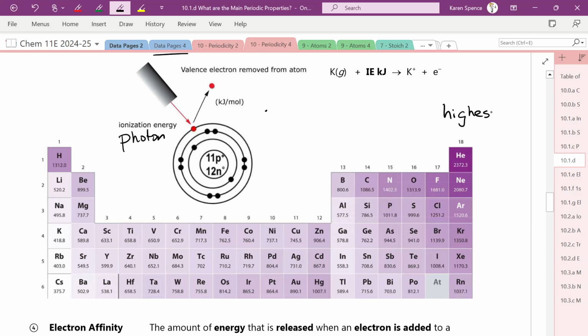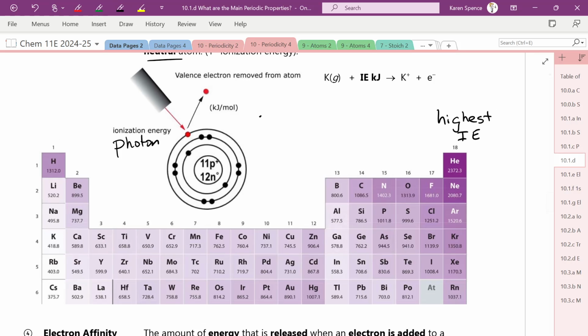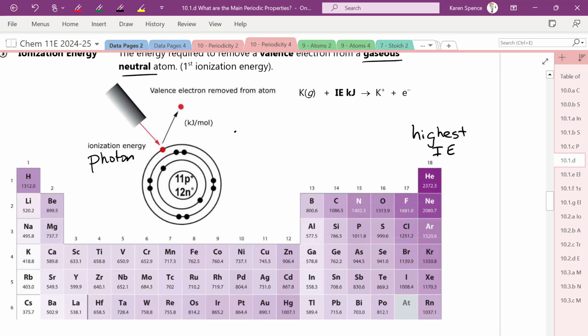Highest ionization energy. And what else is happening up in that top right corner? What's the Coulombic attraction like in that upper right corner? Is it big or is it small? Yeah, this is our biggest Coulombic attraction. I'm just going to call it FC because I don't want to write too much, okay?